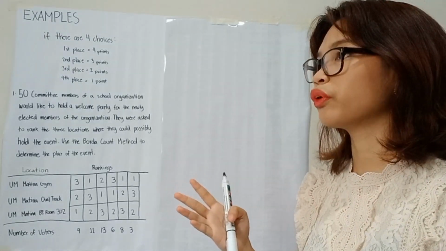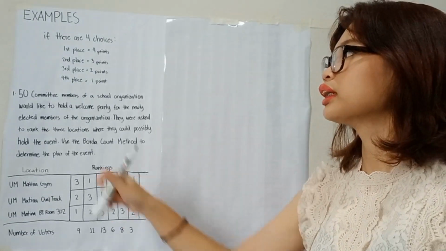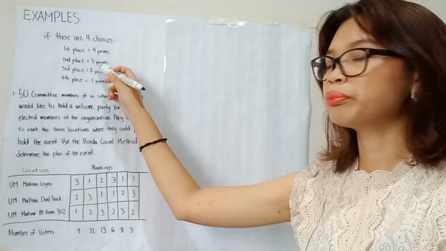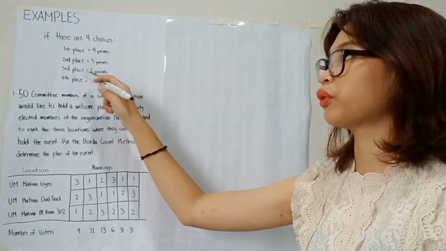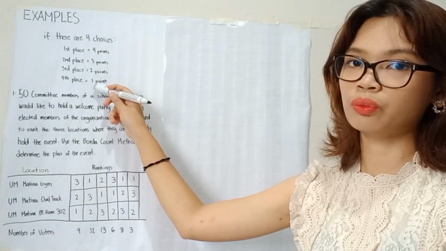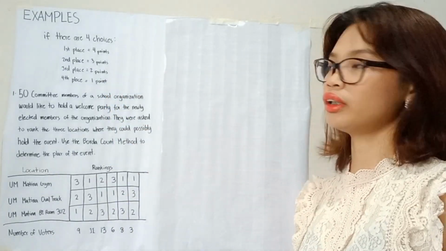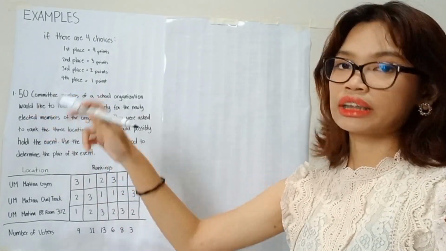So first place is 4 points, second place is 3 points, third place is 2 points, and the fourth place is equal to 1 point only. So this is our first example.